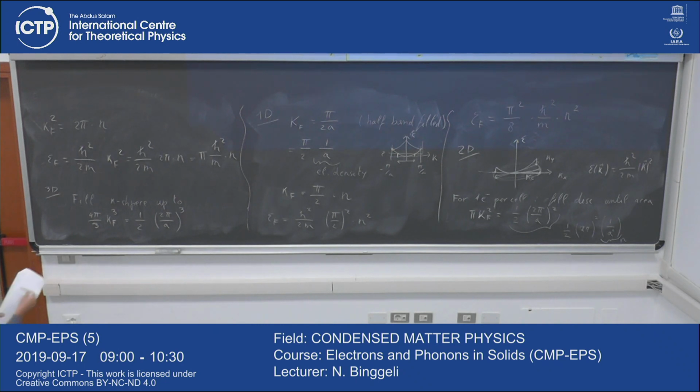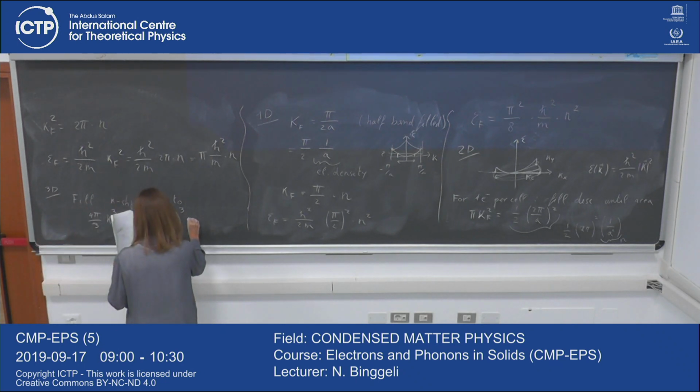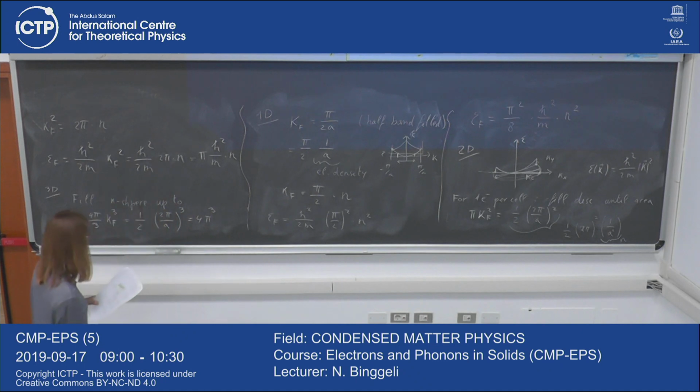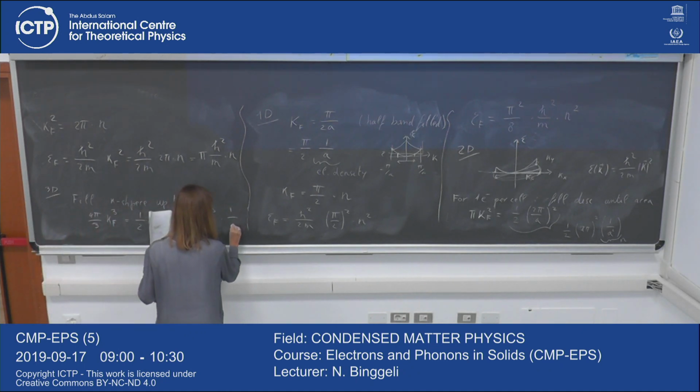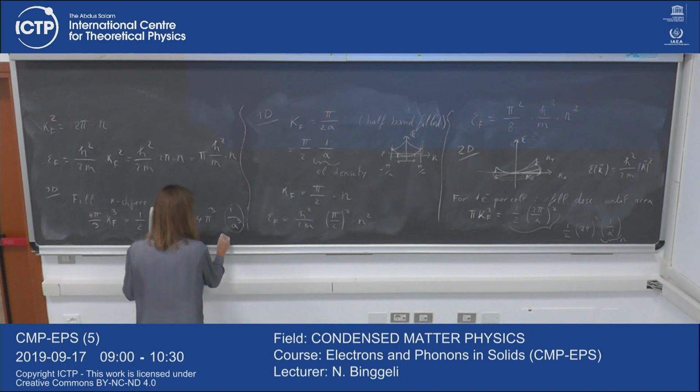And again, this is equal to 4 pi cubed times 1 over a cubed, and this is just the density.